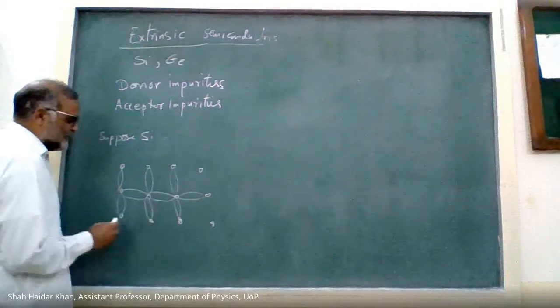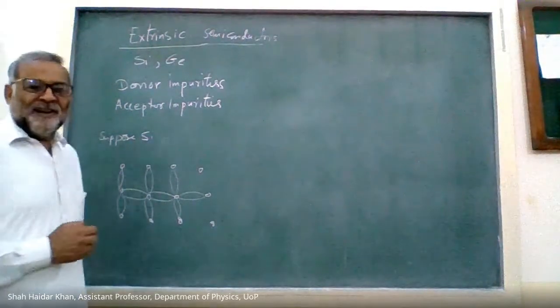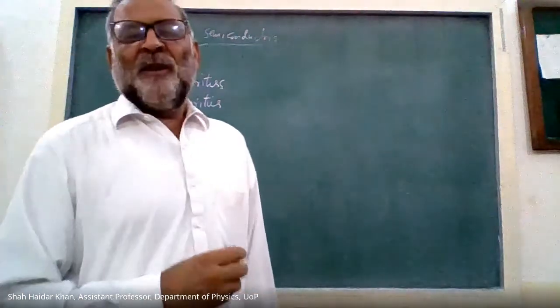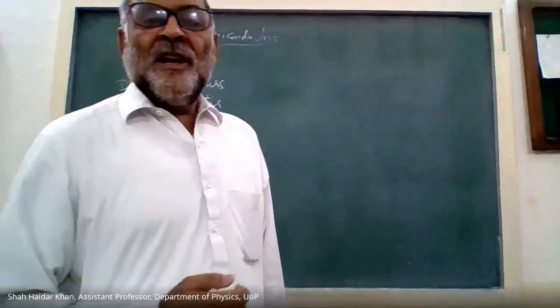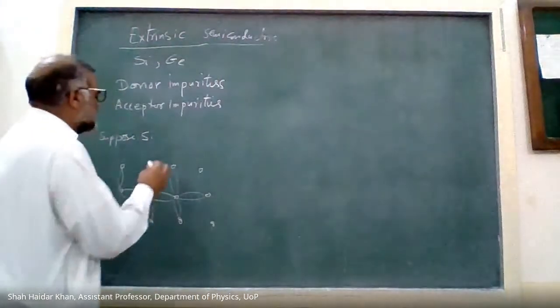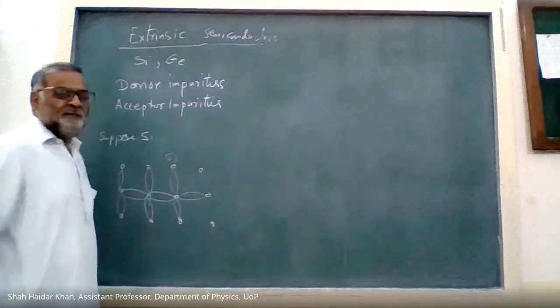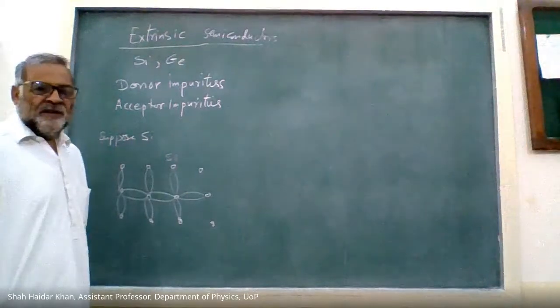What type of bonding is in a semiconductor? Covalent bonding. So all these atoms are silicon.